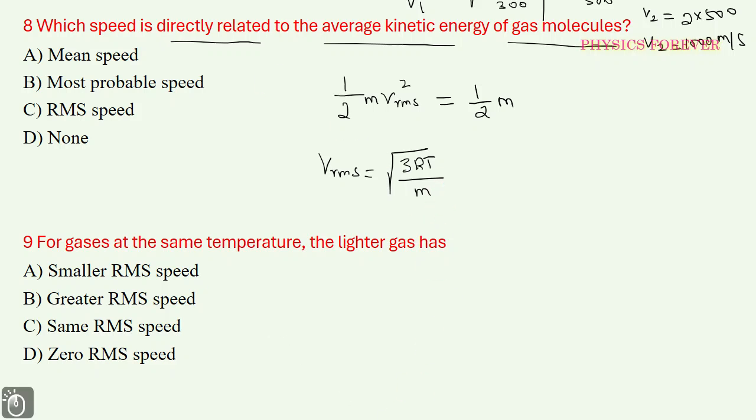Yeah, we have to take this one. Then root of 3kT by m, multiplied by 1 by 2 m. What is the root mean square speed? Root of 3kT by m, then whole square.